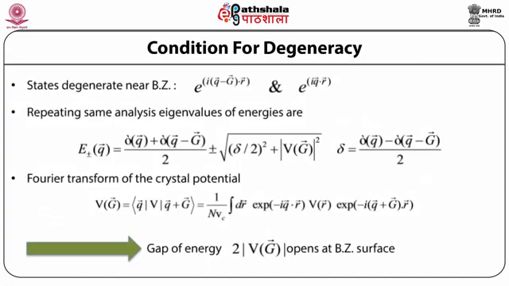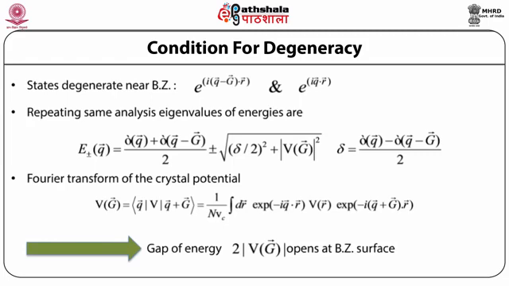For a Q vector near the Brillouin zone boundary, states exponential i Q dot R and exponential i (Q minus G) dot R are nearly degenerate. We again need to work in the subspace of just these two states. Repeating the same analysis as given above yields the following eigenvalues.